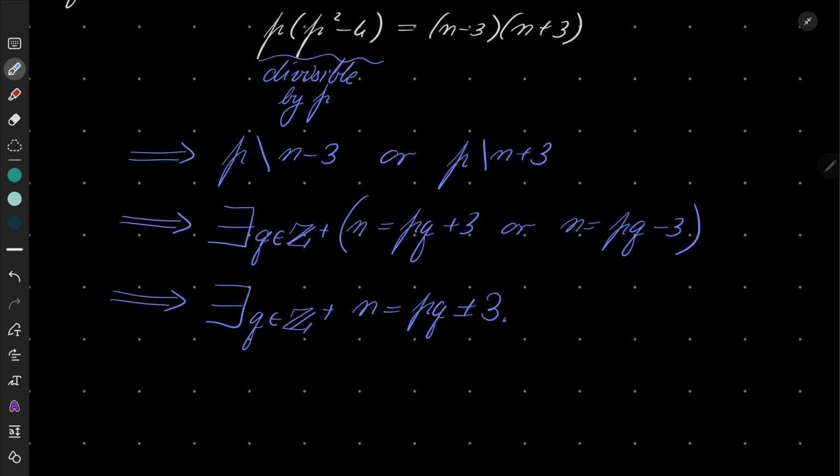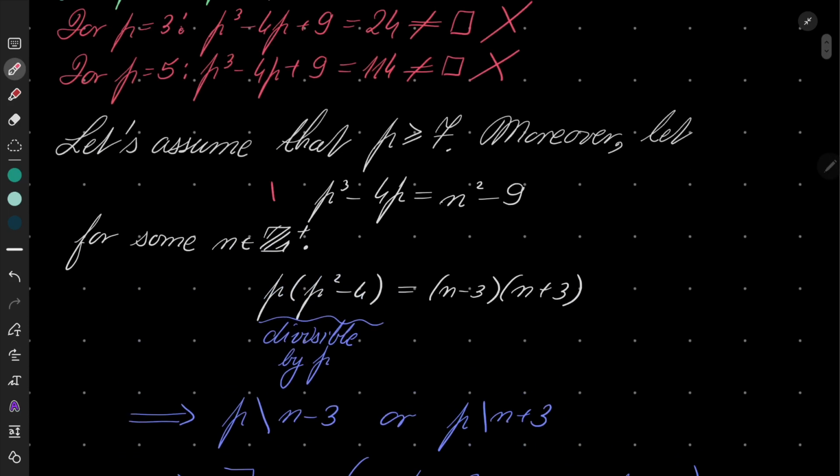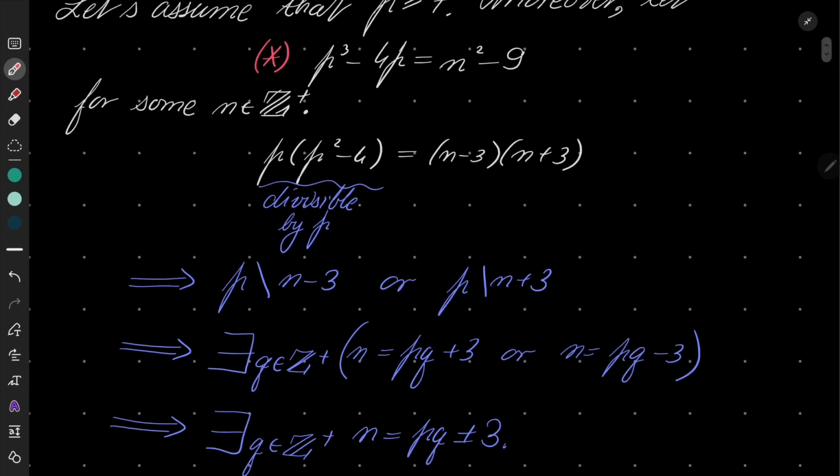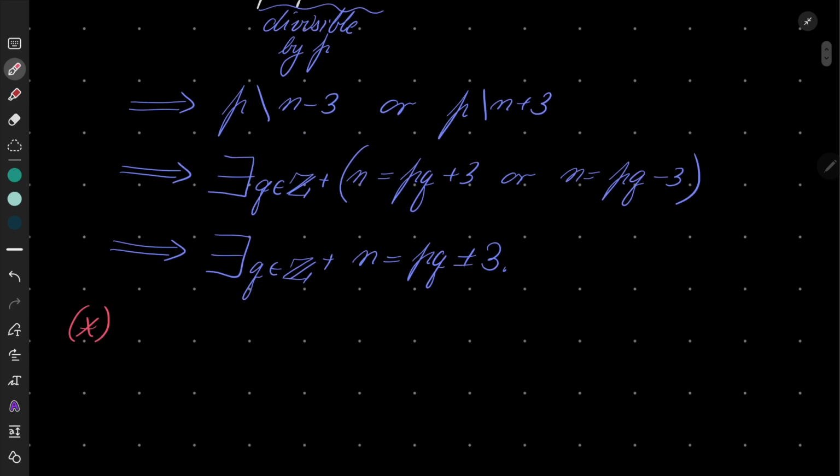Okay. And what can we do now? Now, let's mark our original condition asterisk. And now let's see what asterisk becomes after putting n equals pq plus or minus 3. So condition asterisk becomes the following.